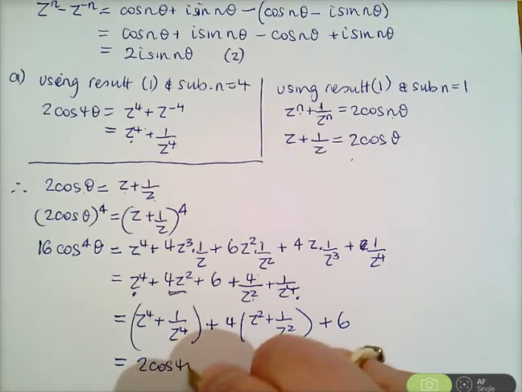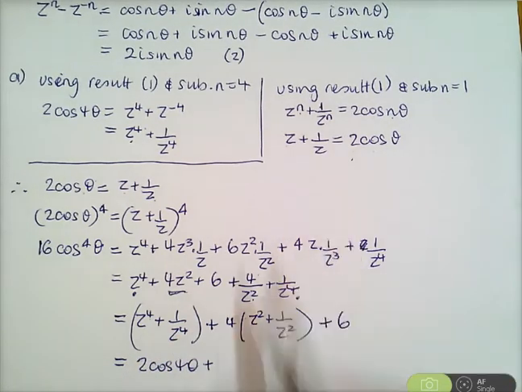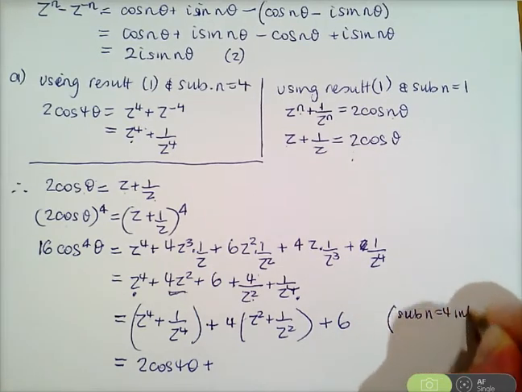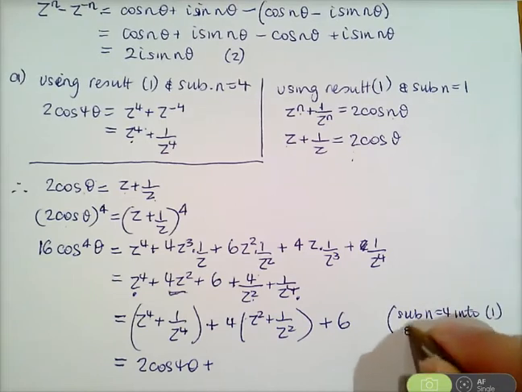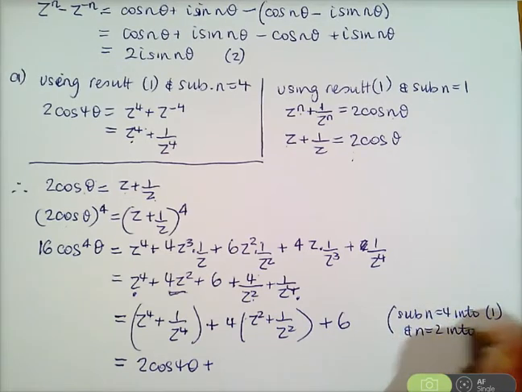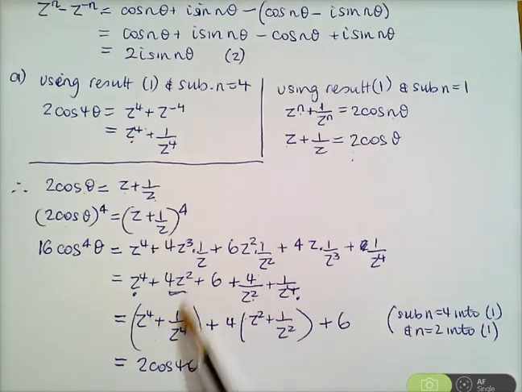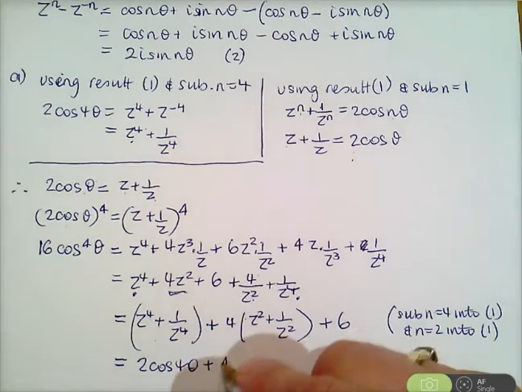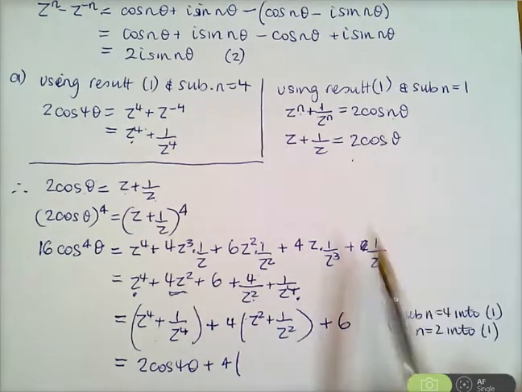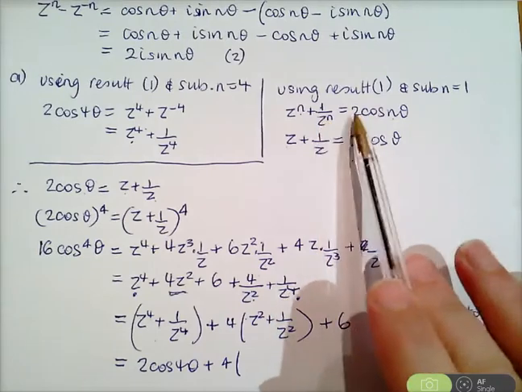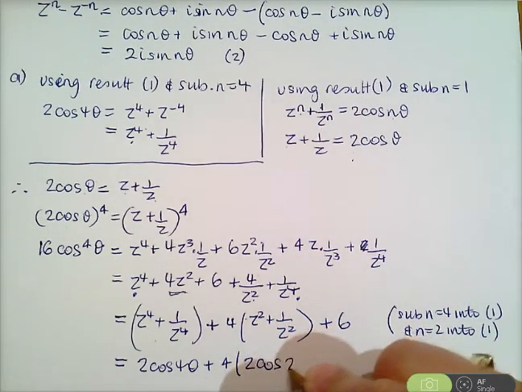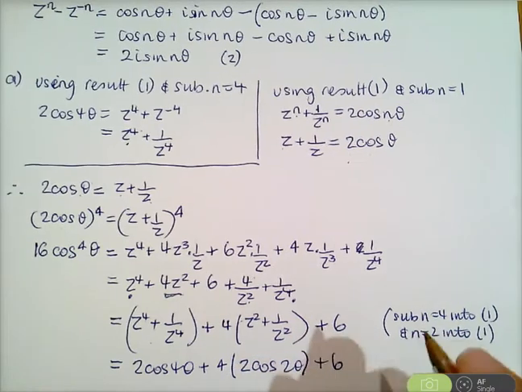Now also, what we're doing is subbing n equals 4 into result 1 and n equals 2 into expression 1 up here. So z to the 4 plus 1 on z to the 4 is 2 cos 4 theta, and 4 lots of z squared plus 1 on z squared will be 2 cos 2 theta. So we get 4 lots of 2 cos 2 theta plus 6.